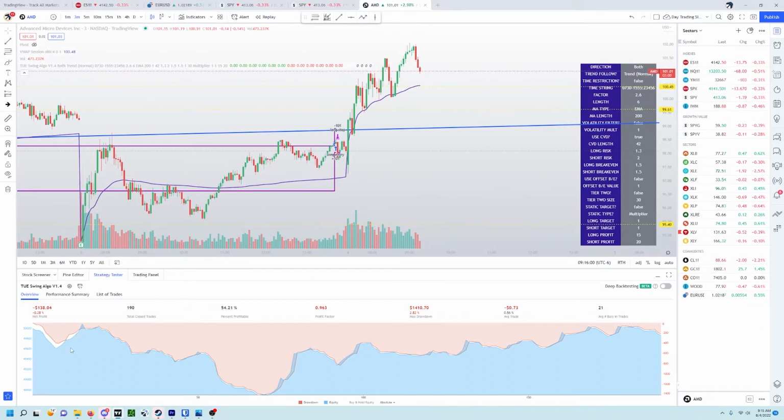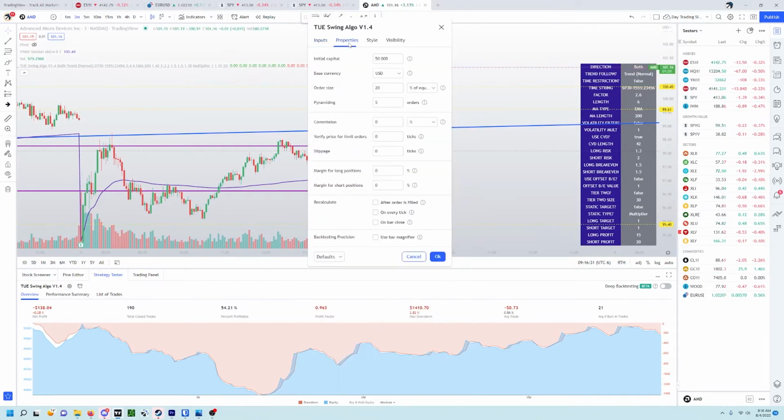So here on this graph, you can see the red area is your drawdown. The blue area is your equity. You can see over here the value of the account, and over here gives you the drawdown numbers. We start always with a $50,000 account.